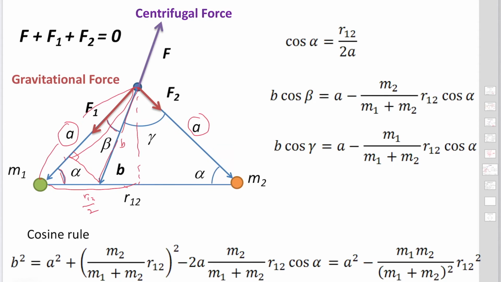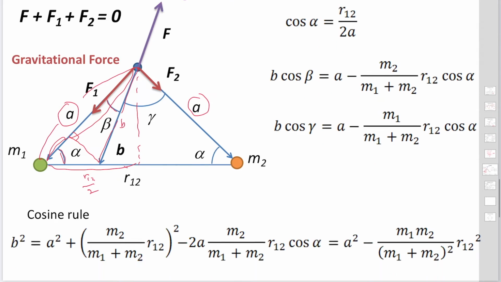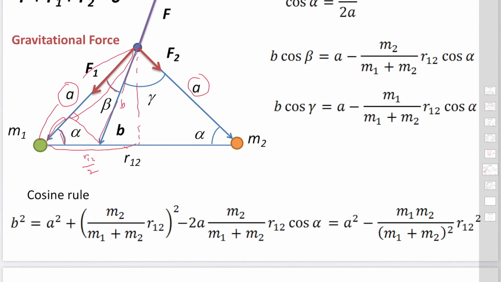minus this length. So maybe it's better to write down this length. This length is expressed as m sub 2 over m sub 1 plus m sub 2 times r sub 1 2.